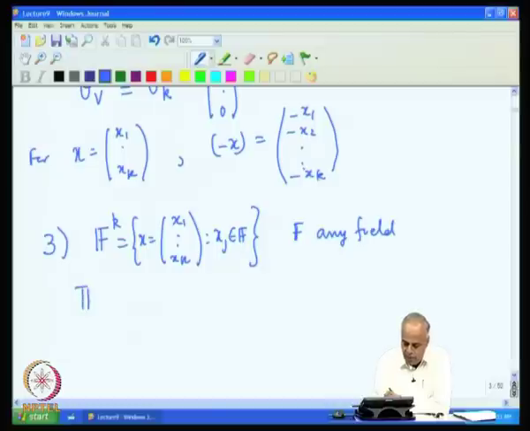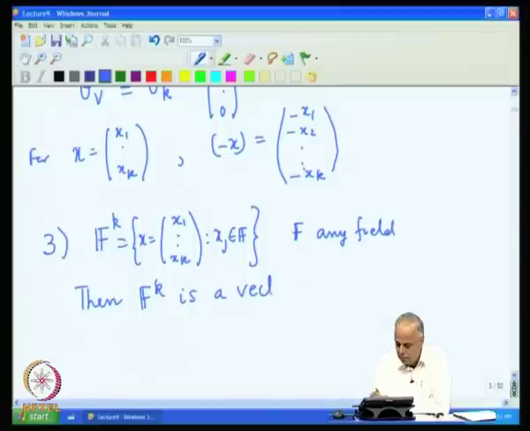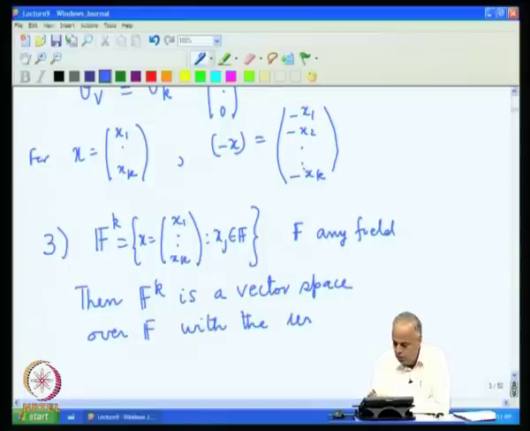Then f k is a vector space over f with the usual laws of addition and scalar multiplication.